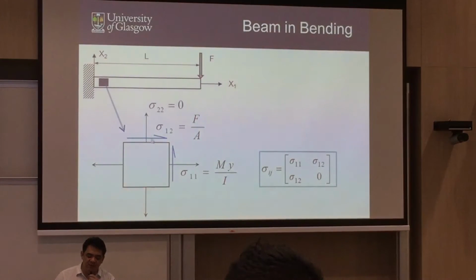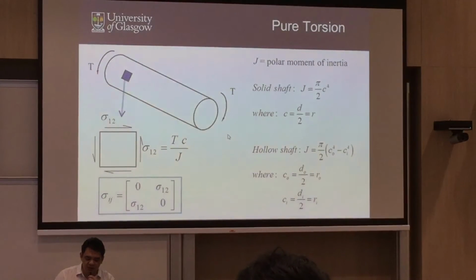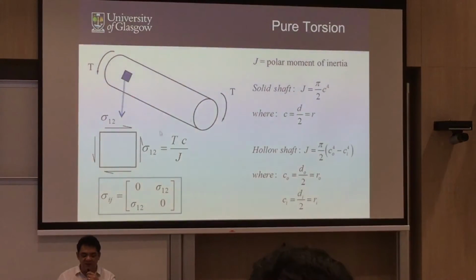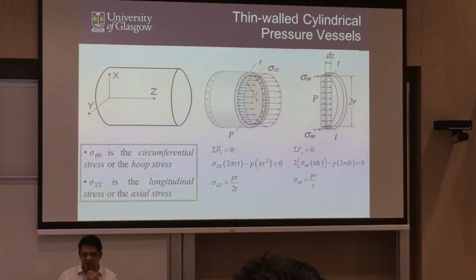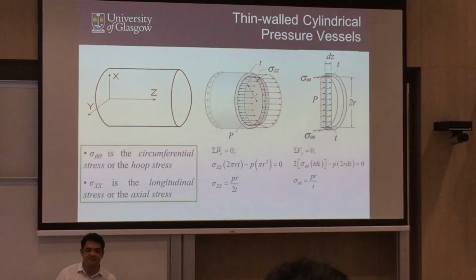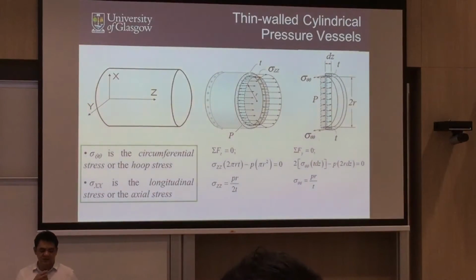So in this case, for a beam bending, your sigma 11 is that stress due to the moment, and your shear stress is F all over A. For pure torsion, you only have shear stresses, you have zero normal stress. So what about pressure vessels? Let's try to look into this one here.